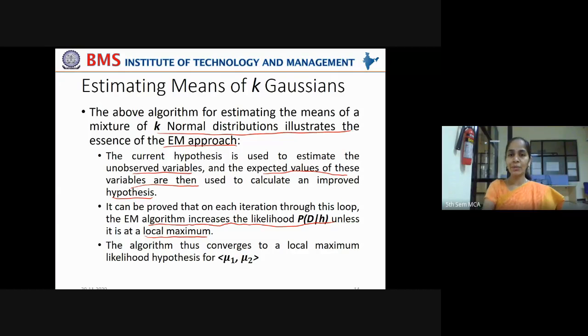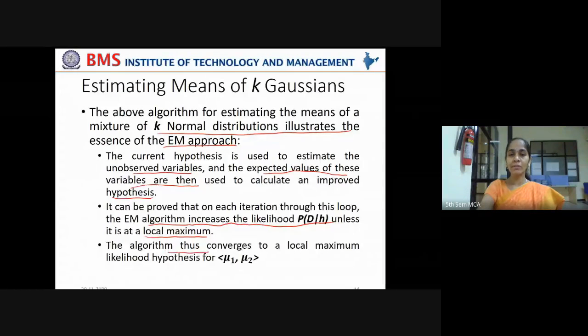Means it will try to increase the likelihood of the normal distribution unless it has reached a local maximum, where it will start converging. Means it will become stagnant. No more improvements can be brought. That is called the point of convergence.